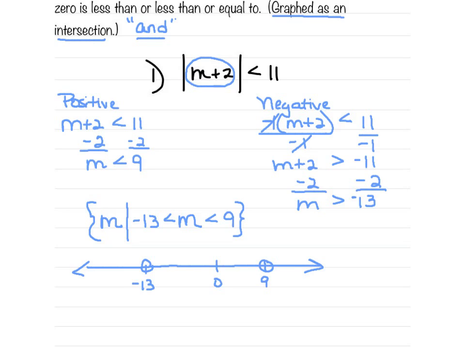And then M is everything in between. That's what will be highlighted. Okay, so again, because this is a less than absolute value inequality, we will treat it as an and. It becomes an and. Okay? All right, let's go on to number 2.